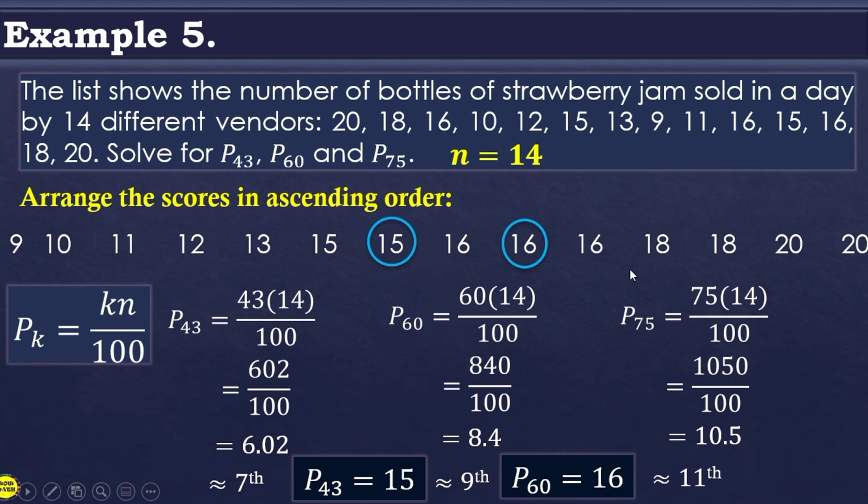So, makikita natin yung 75th percentile natin sa pang-11th data natin. So, ito ay kanina 9 na to. So, 10, 11. So, 18. 18 yung 75th percentile natin. Ibig sabihin, class, 75% ng sales distribution fall below 18 bottles.